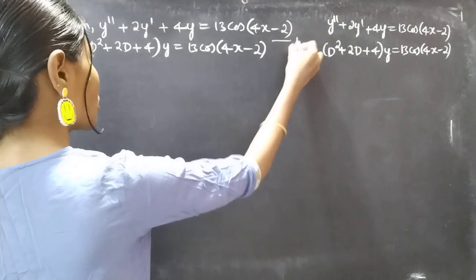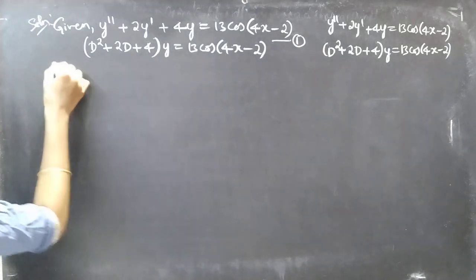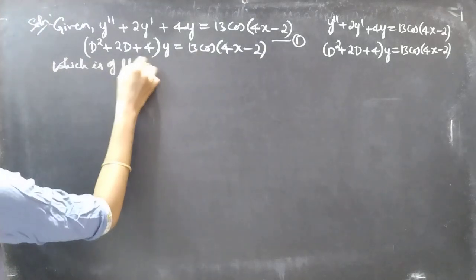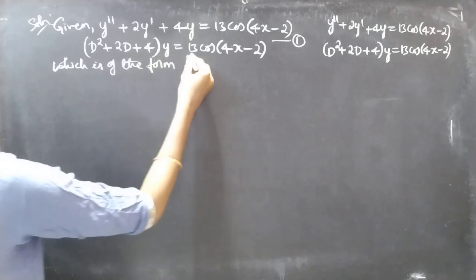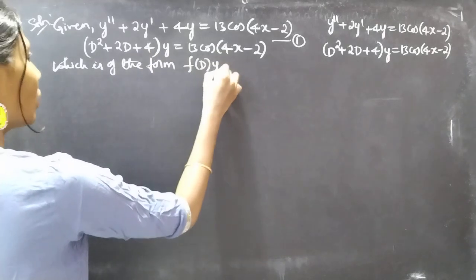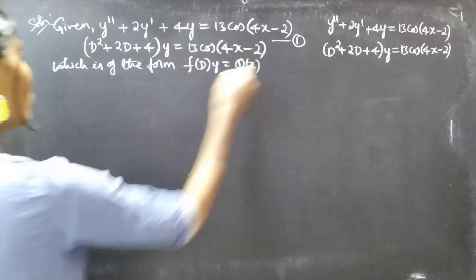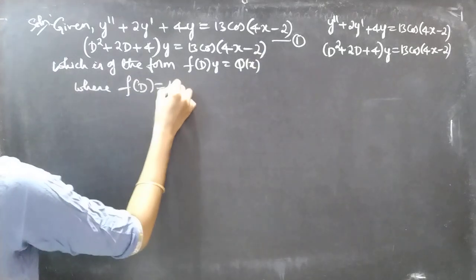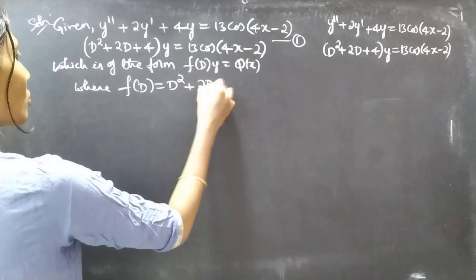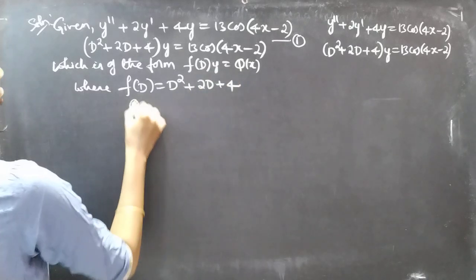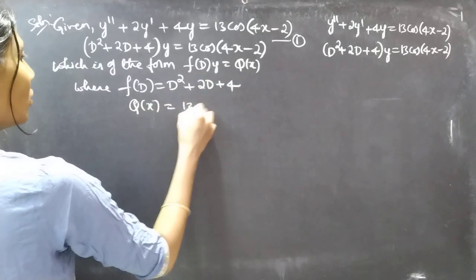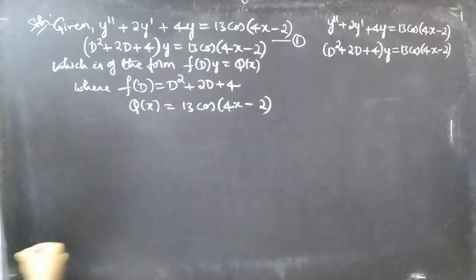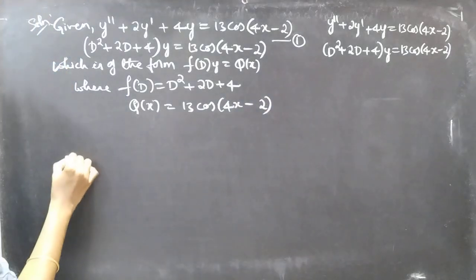Consider the given equation as equation number 1, and this is an operator form, which is of the form f of D into y equal to some function of x, where f of D equal to D square plus 2D plus 4 and Q of x equal to 13 cos of 4x minus 2.